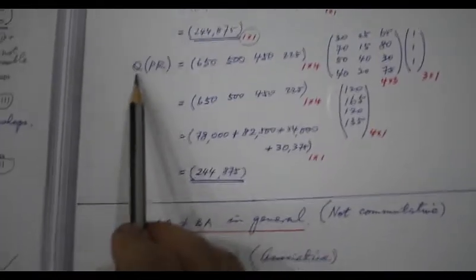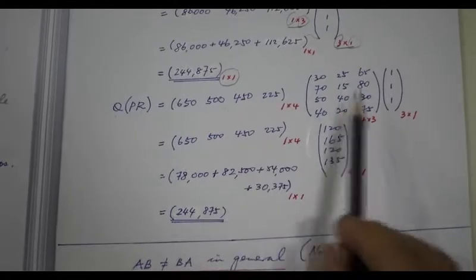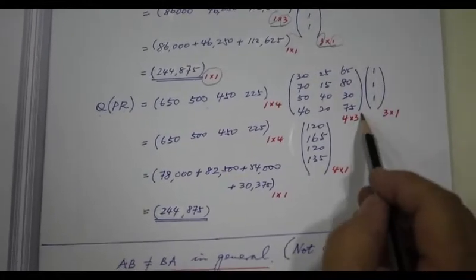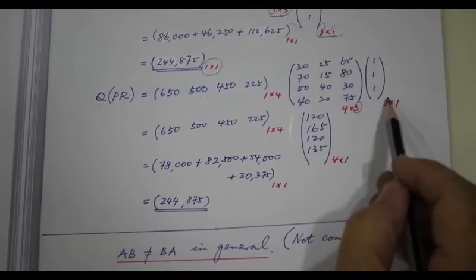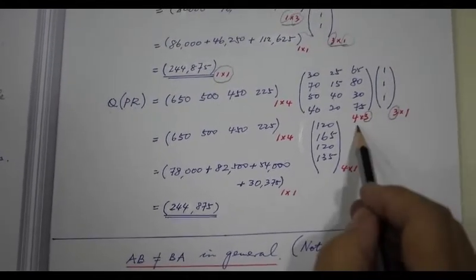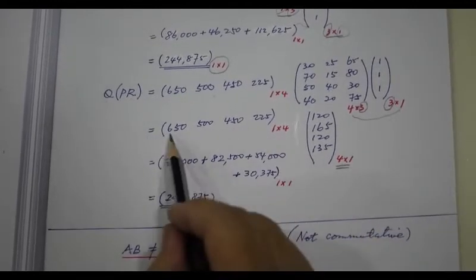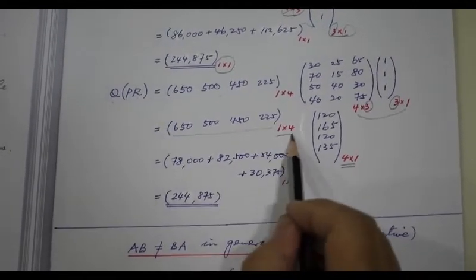So for knowledge sake and for revision, I have done another one, Q times PR. So I multiply PR first. Note that the number of columns of the first one is equal to the number of rows of the second one. So this would give me a matrix of 4 by 1, right? So this matrix is 1 by 4.